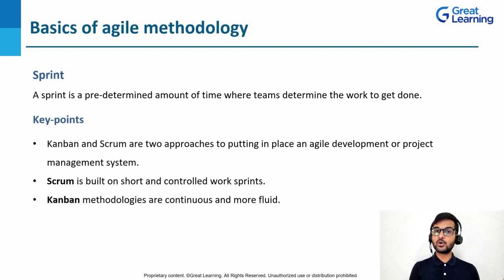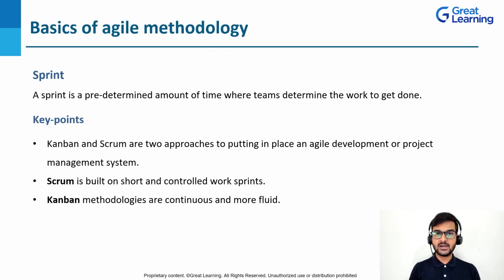So whenever we talk about Scrum, that is built on short and controlled work sprints. But when we talk about Kanban, it does not have any sprints. It's like evolving. It's a methodology which is more continuous and more fluid. As you can see in the key points, Kanban and Scrum are two approaches, or you can say two frameworks, for putting in place an agile development or project management system.